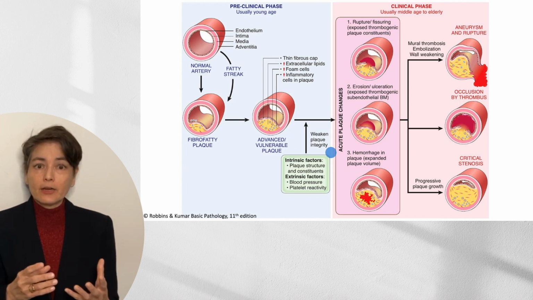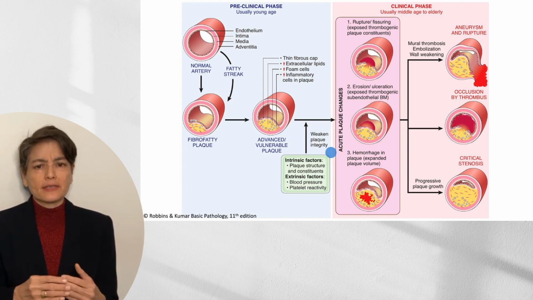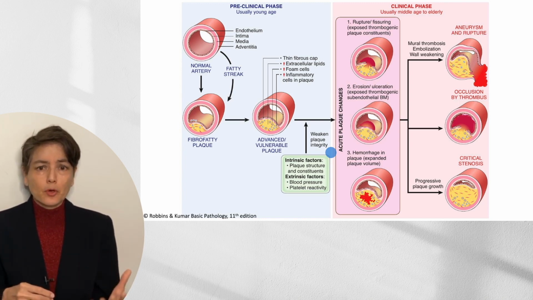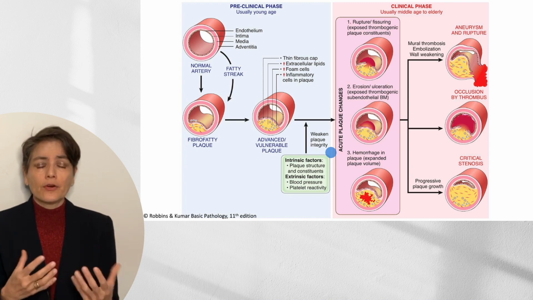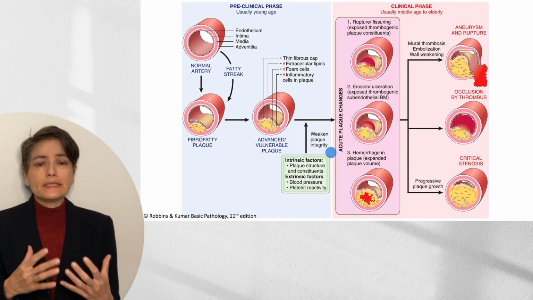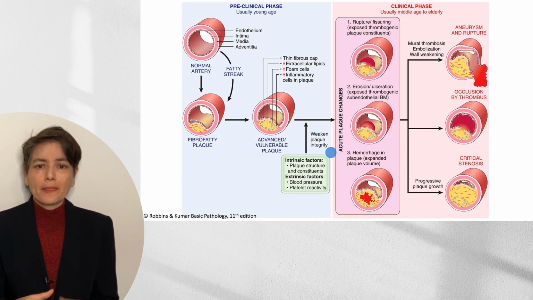Does it have a lot of integrity to it, good smooth muscle cells, or does it have a lot of foam cells in it, and perhaps a lot of inflammation with elaboration of matrix metalloproteinases and collagenases and other factors that will destabilize that fibrous cap? Another thing we need to think about is how big this lipid core is. Has it become a really big one full of lipid, which is therefore going to be more vulnerable?